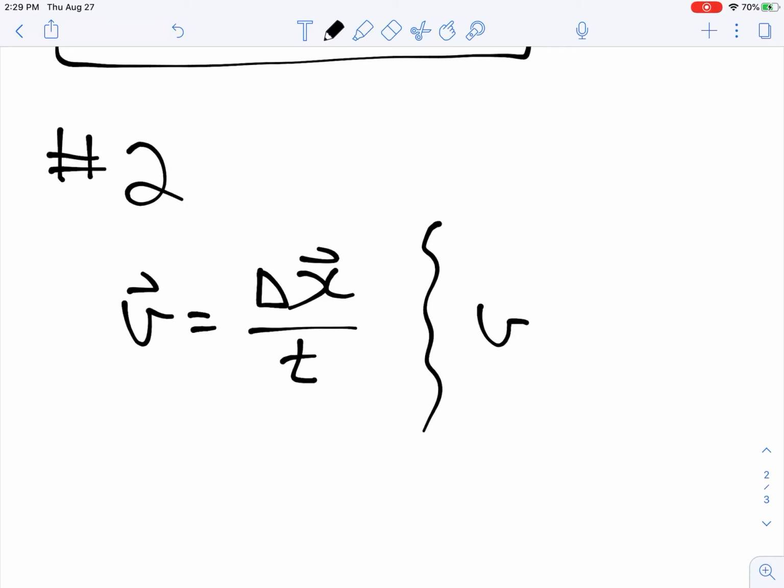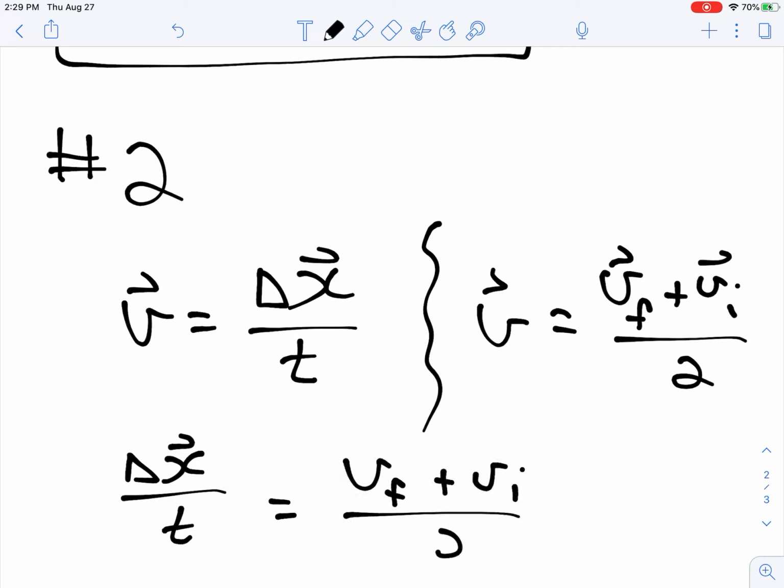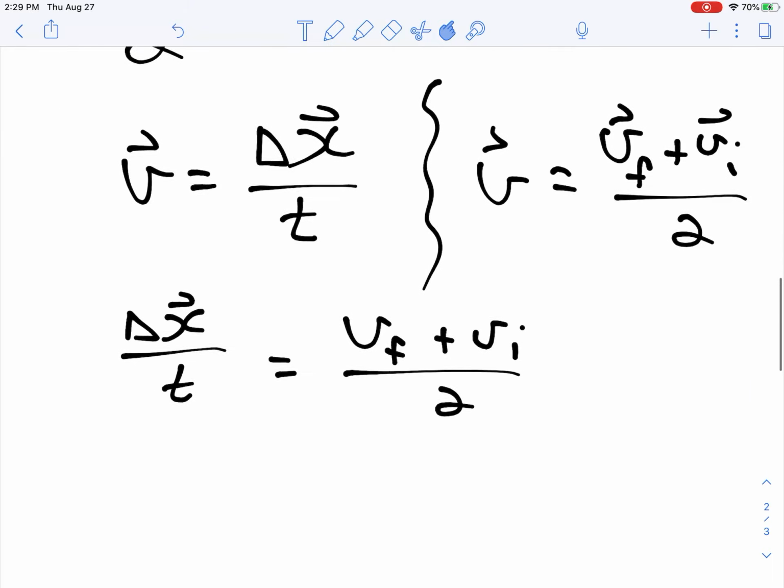Which means average velocity could also be the final velocity plus the initial velocity divided by 2, right? That's also how an average works. Well, that means that this has to equal this because they're both the average velocity. So I'm just going to set that equal to that. So delta x over t would equal v final plus v initial over 2.